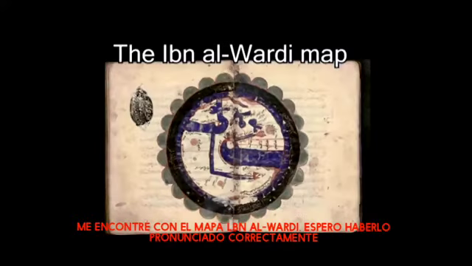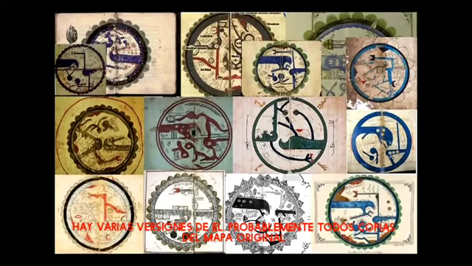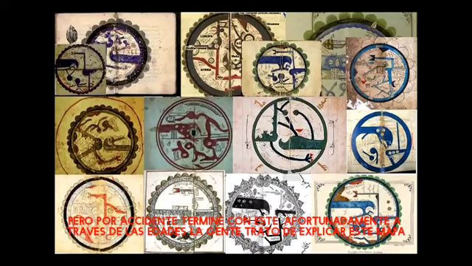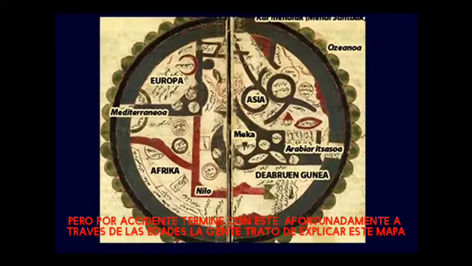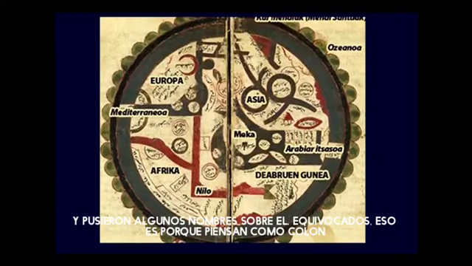I hope I pronounced that correctly. There are different versions of it, probably all copies of the original one, but by accident I ended up with this one. Luckily, through the ages, people tried to explain this map and they put some names on it.